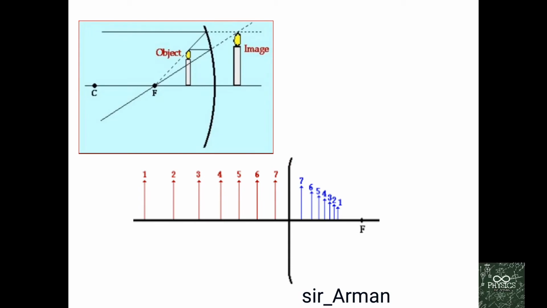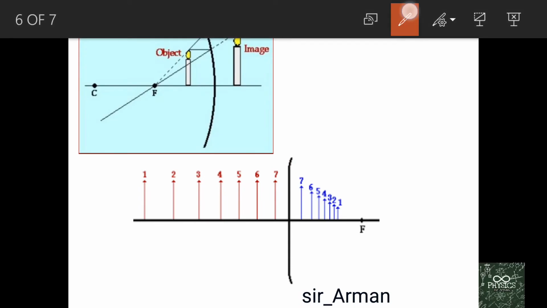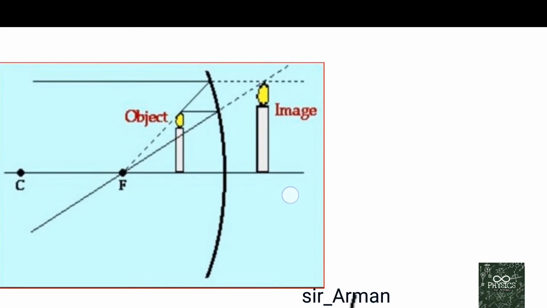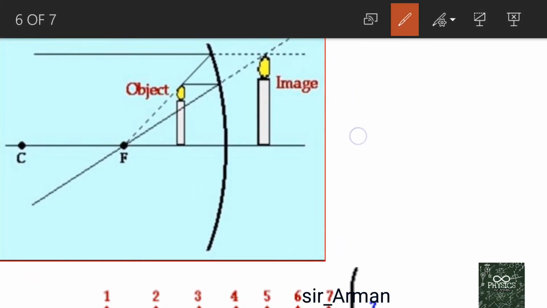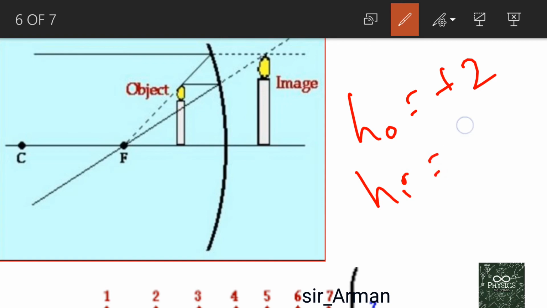Let us assume that the height of this candle is HO, that is the height of the object. HO is equal to plus 2 because it is lying above the principal axis, and HI is equal to plus 4, that is it is lying above the principal axis and it is a virtual image.